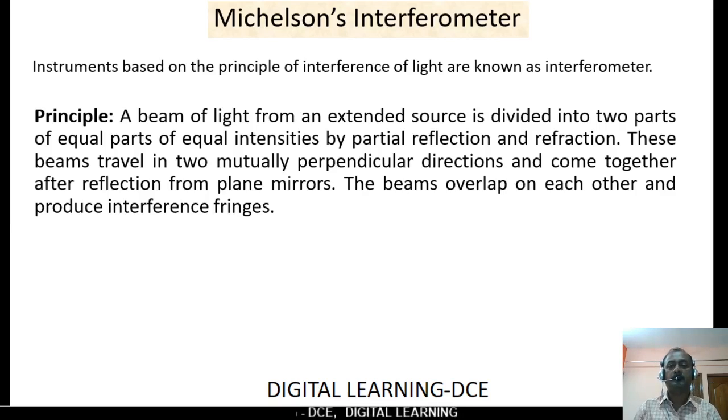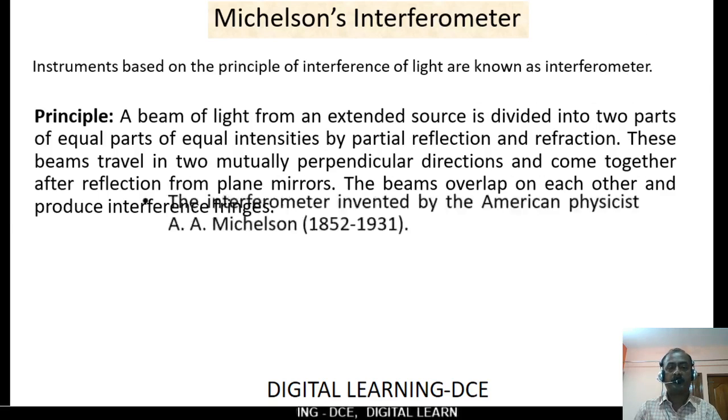These beams travel in two mutually perpendicular directions and come together after reflection from plane mirrors. The beams overlap on each other and produce interference fringes.